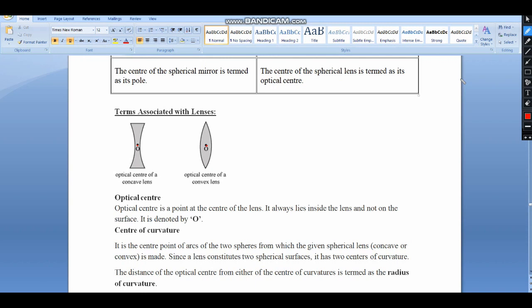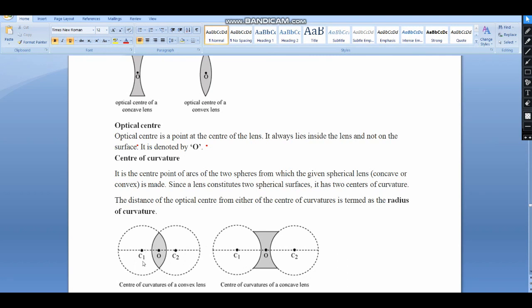And the center of curvature: the center of the sphere from which the lens is taken out is called the center of curvature. In the same way, for this lens, the center of the sphere from which it is taken out is called the center of curvature.